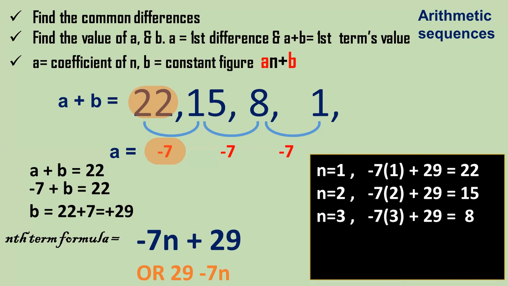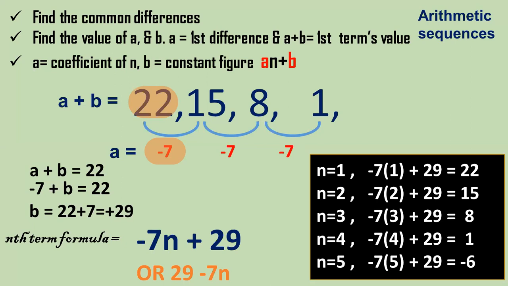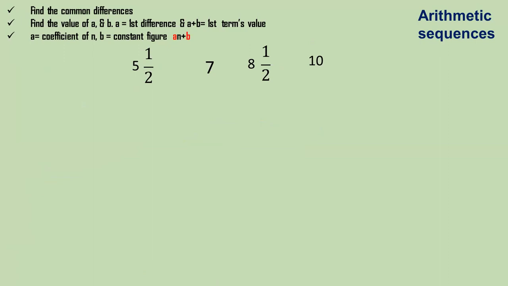In the same way, 3 will produce the third term value, 4 will produce the fourth term value, and if I substitute 5, this is minus 7 multiplied by 5, that is minus 35, plus 29, which produces minus 6. This is my fifth term value. So you can find any term value by using this nth term formula. We are proceeding to another type of arithmetic sequence, which is comparatively more complex.